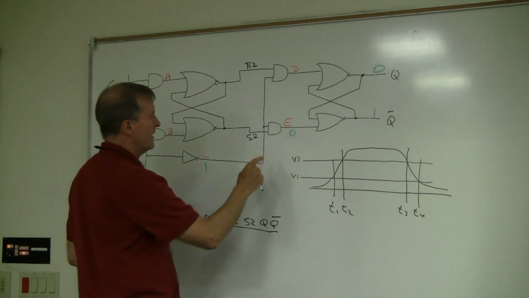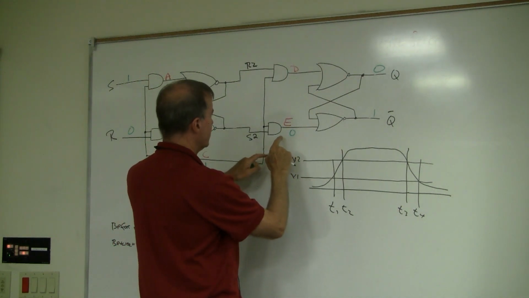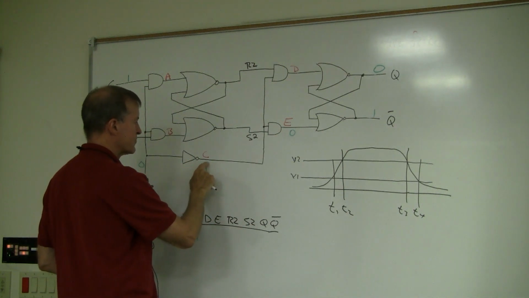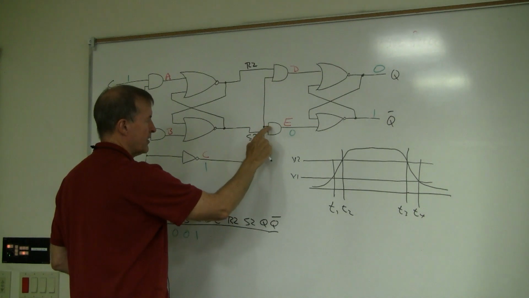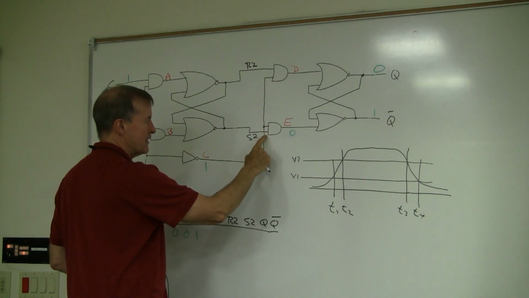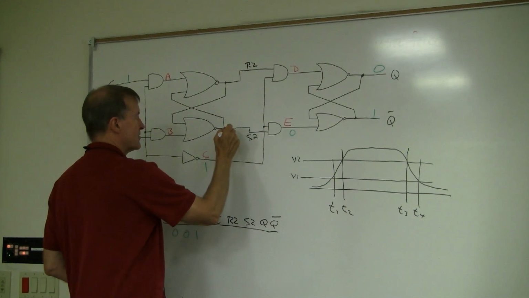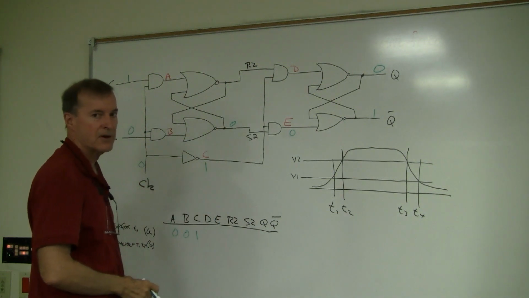All right, and now that we know that this is 0, now this is 1, right? So this 1 coming in here is going through this AND gate. So S2 can't be 1 because 1 and 1 would be 1. So S2 must be 0. So this signal must be 0. Are we good?